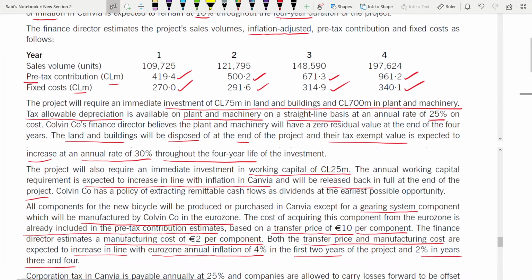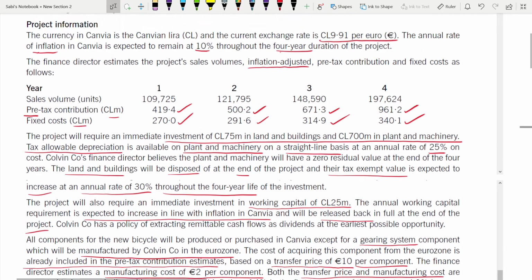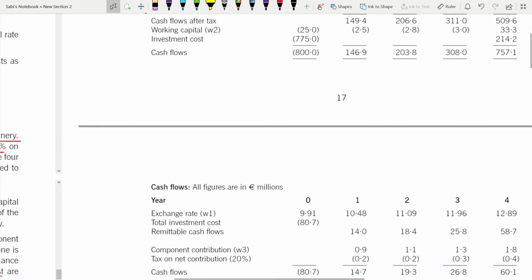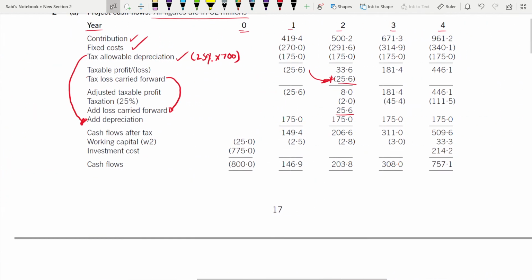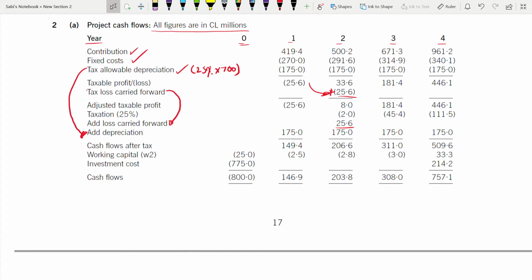Sorry, not 25. 25 is working capital. 700 plus 75, 775. Only in year 0. But you sold land and buildings. So we have to adjust for that, but that we'll do later. First, let's finish with working capital. Working capital in year 0 is 25.